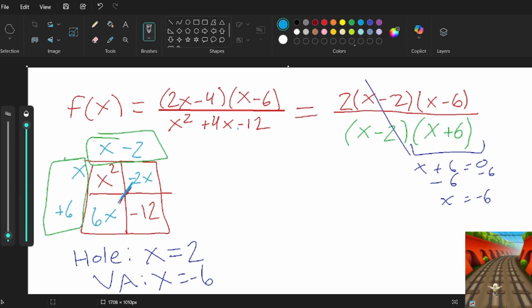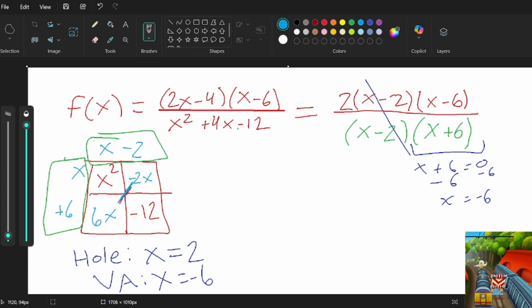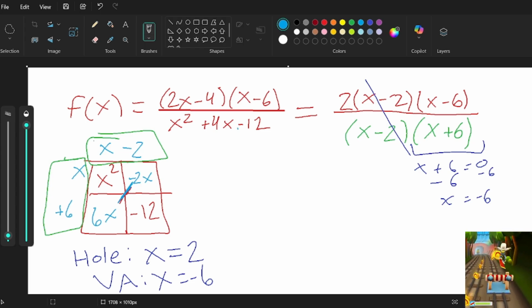So then there's only one thing left to find, it's the horizontal asymptote. Anytime I want to find a horizontal asymptote, there's that separation between the bottom heavy functions and the top heavy functions, where if there's more factors in the denominator, we say that's where the horizontal asymptote is at 0.